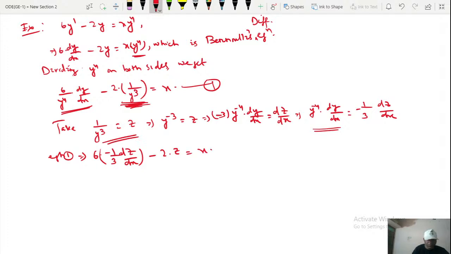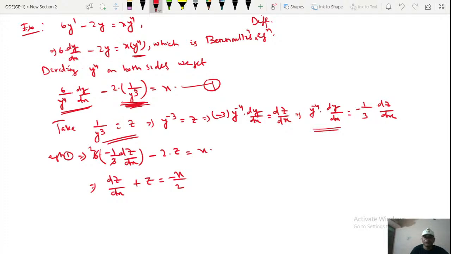Now simplify: the 3 cancels out, then dz by dx, now this is minus 2, so I will divide by minus 2 on both sides, so dz by dx plus z equal to x by minus 2.